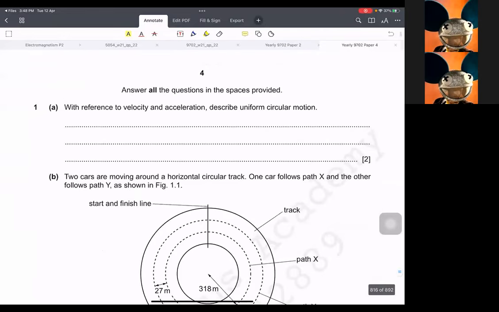So the first question is, with reference to velocity and acceleration, describe uniform circular motion.